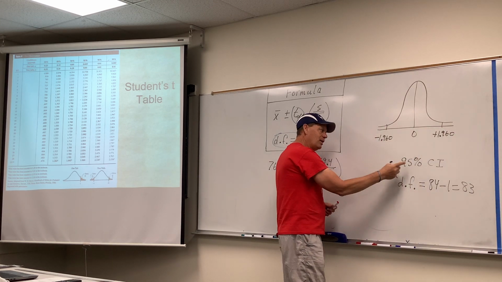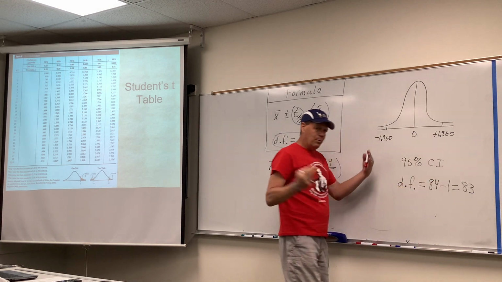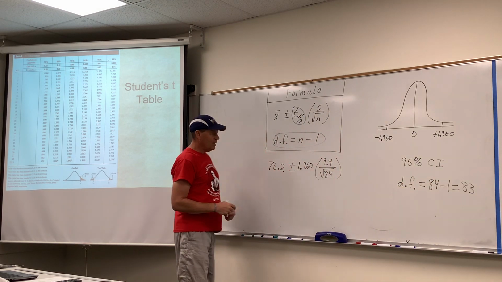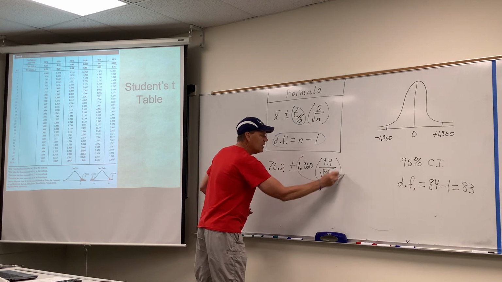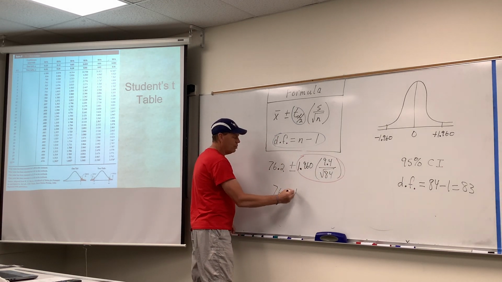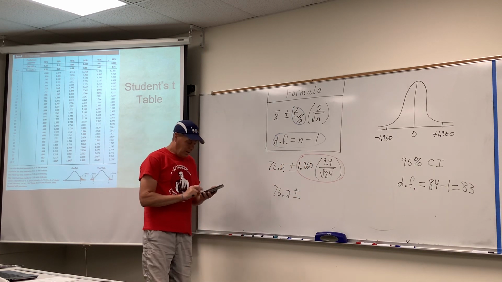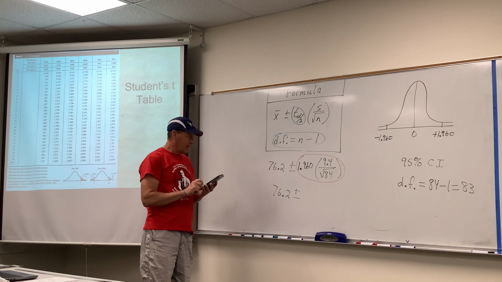Basically, when you do the T-table, level of confidence and degrees of freedom are the two things that lead you to your T-score. And then it's mechanical arithmetic after this. You have 76.2 plus or minus, and then all that right there would be the margin of error. I'll go ahead and multiply that out and see what I get, and hopefully you'll get the same thing.